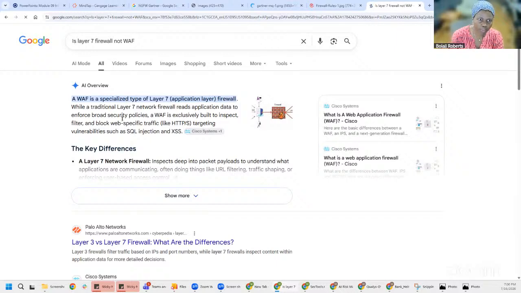Exactly my point. So layer 7 firewall is the same thing there as WAF actually.